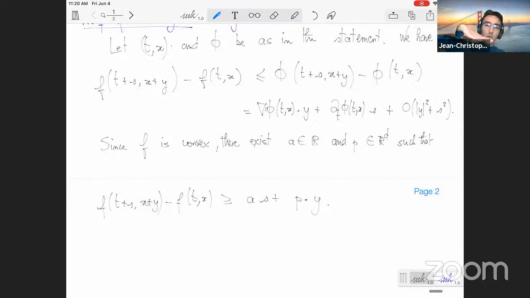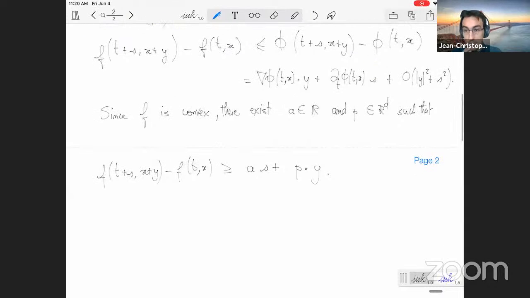I think people call this a supporting hyperplane. If I give you a convex function, you can always find at least one hyperplane that is below that convex function and touches it at a given point.